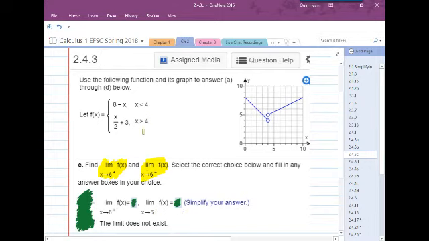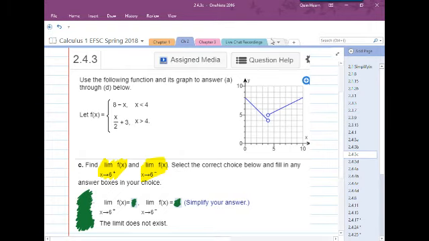All right, notice 6 is not a boundary value. So when you have a piecewise defined function, and especially when your functions are all polynomials or other nice smooth curves, if it's not a boundary value, there's really not any question. You're going to just plug in and find the limit as x approaches 6.